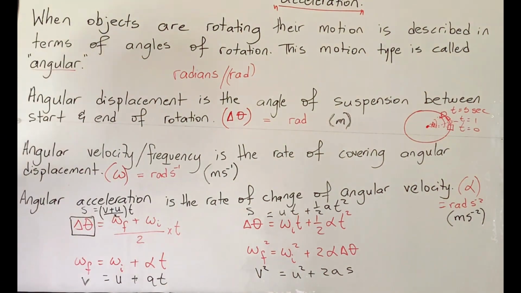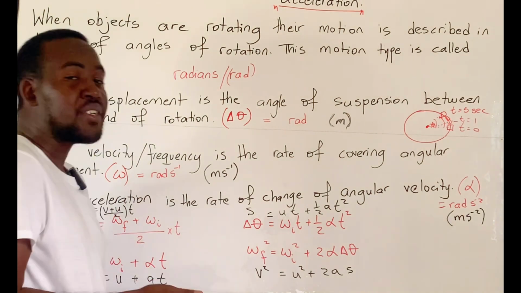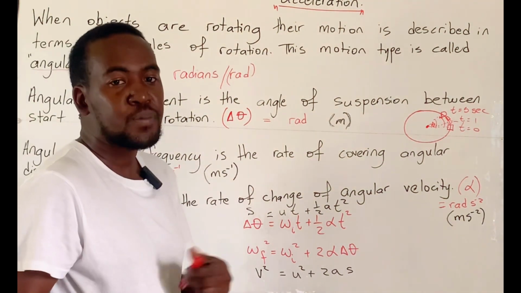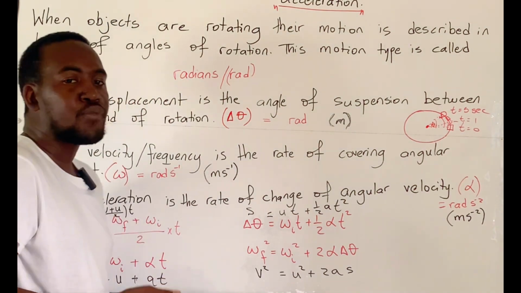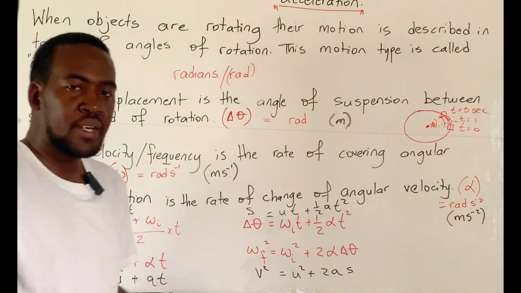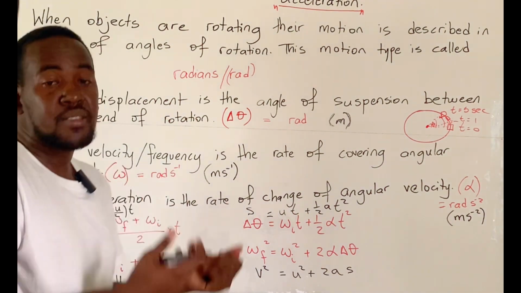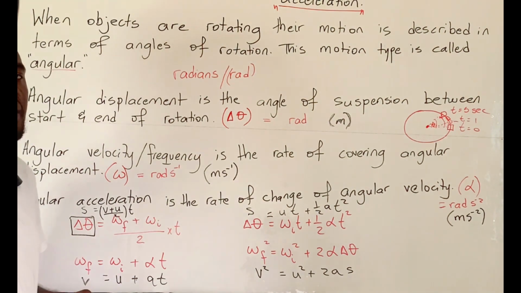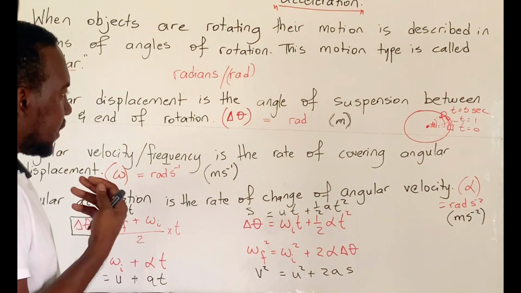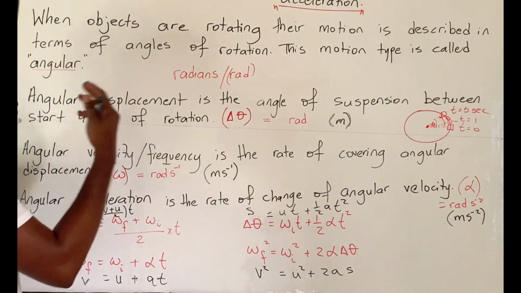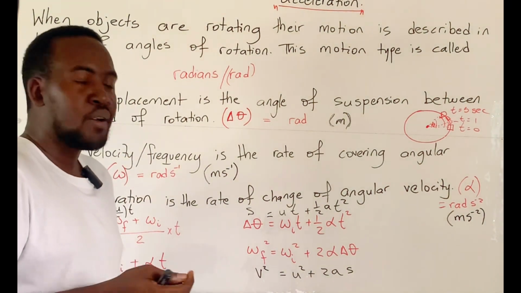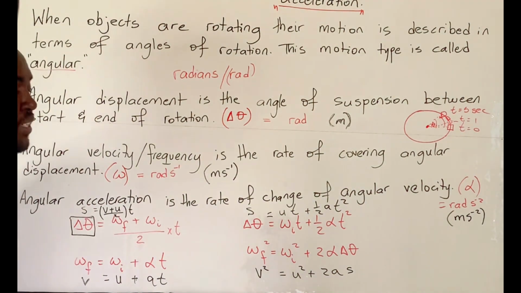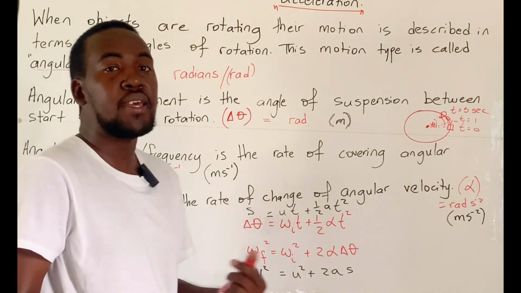So, as you can see, there is no new equation here. Motion is motion in any aspect that we talk about. What's different is the terms, the units, and the symbols that we use. So going forward, when we do some examples and calculate in terms of rotation or circular motion, we will use these symbols instead of our linear symbols of u, v, s.